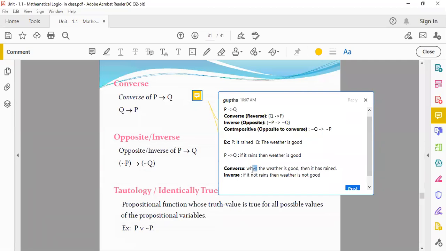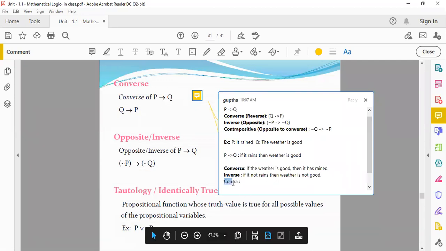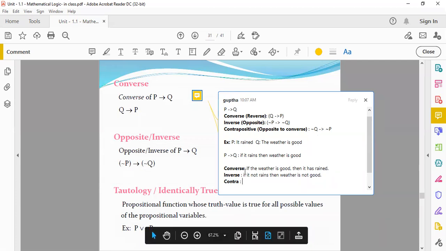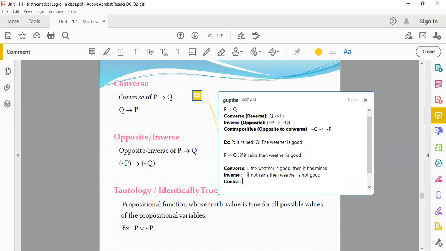Converse, simply we can mention: if the weather is good, then it has rained. And next, the contrapositive. Someone mentioned already. Contrapositive is negation Q implies negation P, the exact opposite of the converse.